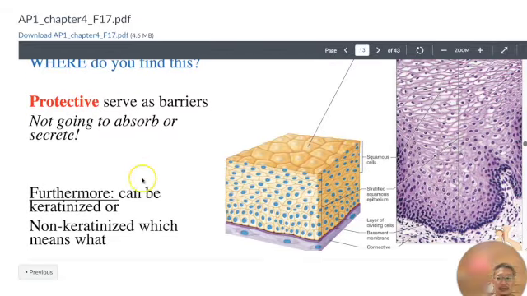So keratinized is filled with keratin, so it's usually on the outside of our skin. The non-keratinized is usually also already dead, but it doesn't have keratin. You would find them inside our mouth.